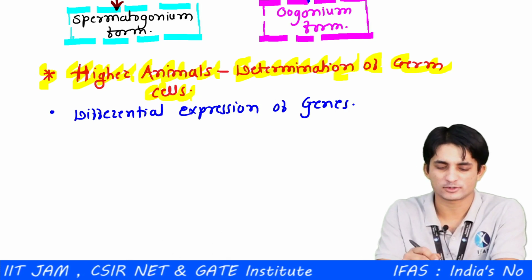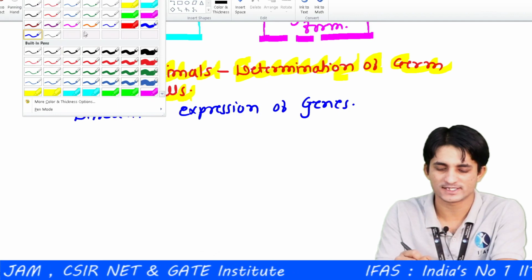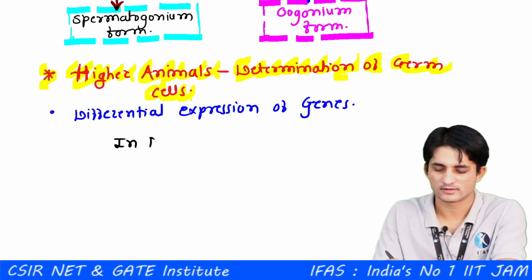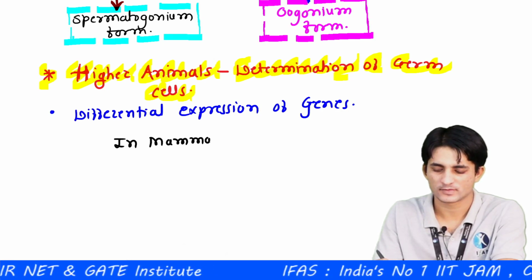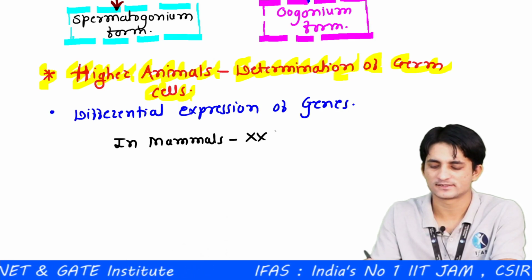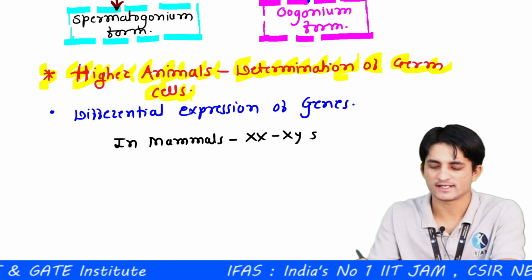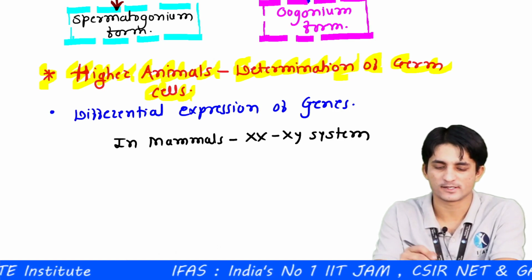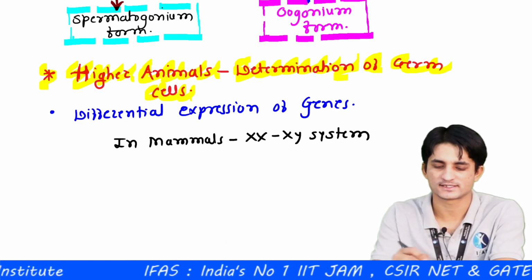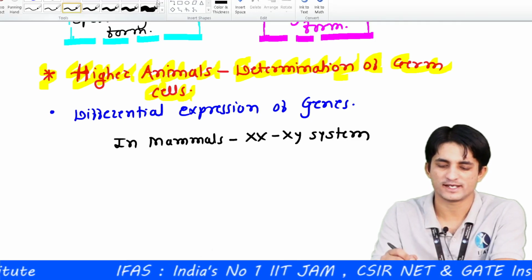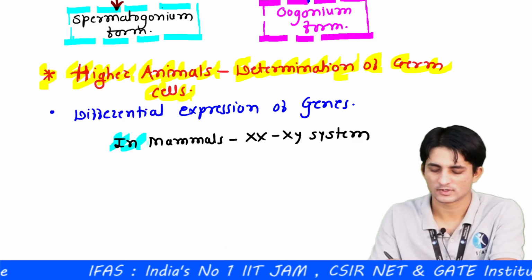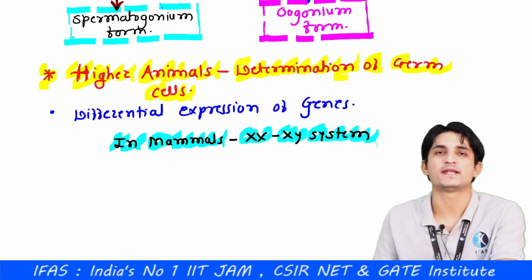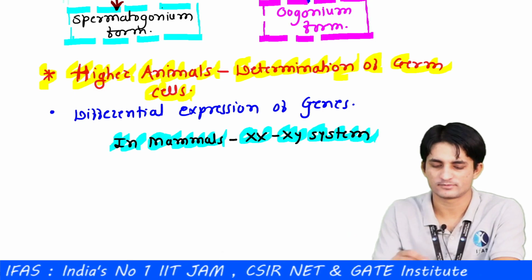Now differential expression of gene means, suppose we discuss the first case, that is in human. So suppose in mammals there is the XX XY system which is present in the sex determination. In mammals, how sex is determined and how germ cell determination is there, that we are discussing.